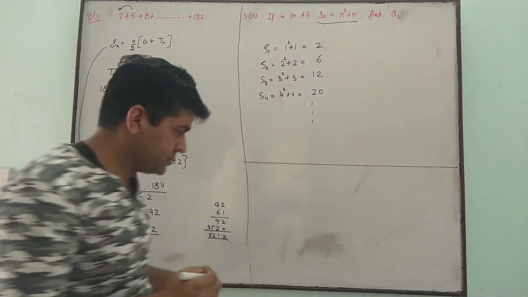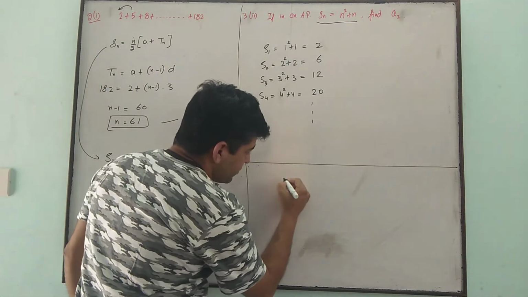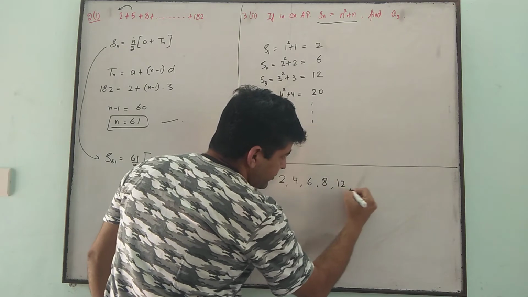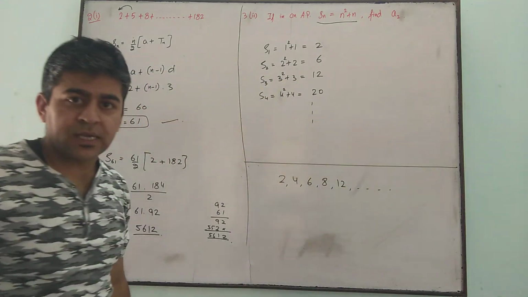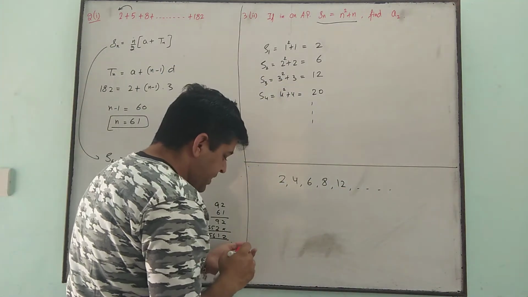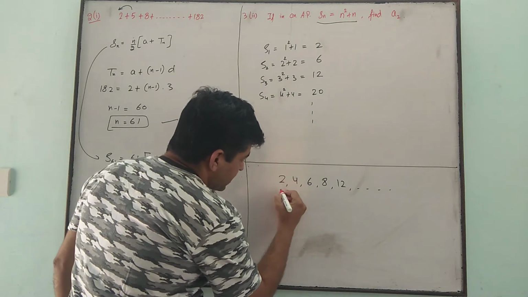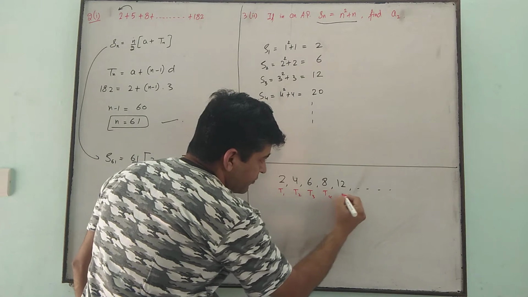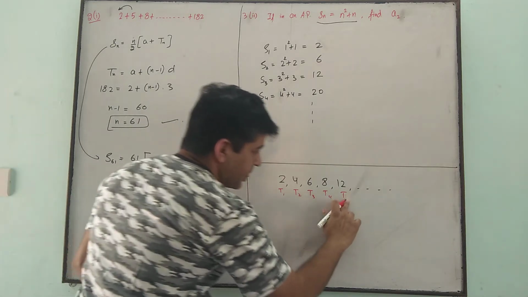See the concept here. Suppose we have a sequence 2, 4, 6, 8, 10. This is an AP. In AP, it is term 1, term 2, term 3, term 4, term 5, and so on.